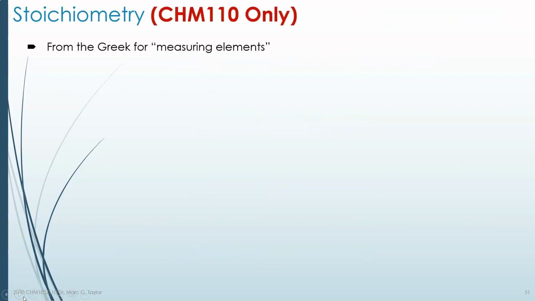So let's talk about what stoichiometry is before we do a full stoichiometry problem. Stoichiometry is from the Greek words meaning measuring elements. A lot of students stumble on this pronunciation, but just practice it a little bit and you'll get it pretty quickly.